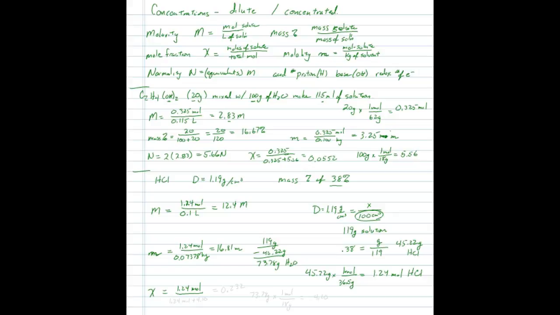The last one, you have 1.24 moles of solute, so 1.24 moles again, plus you got to change the 73.78 grams of water to moles, and that turns out to be 4.10. 1.24 divided by the sum of those will give you 0.232.